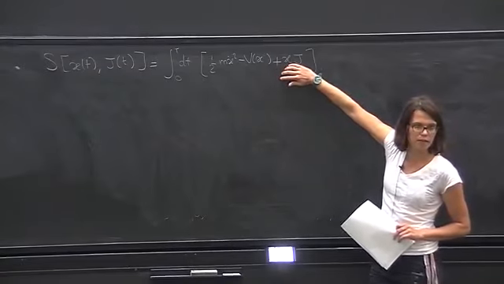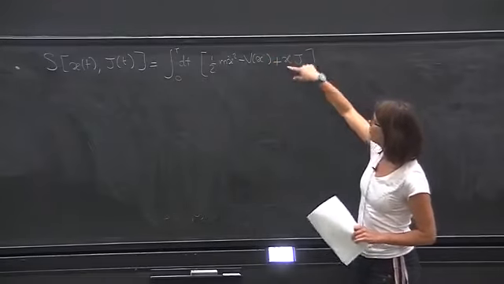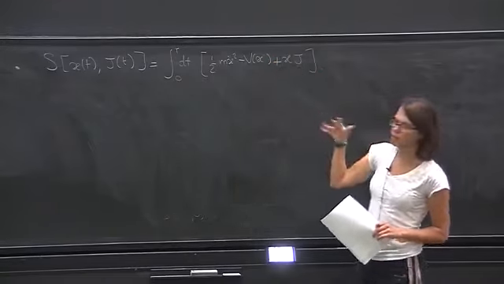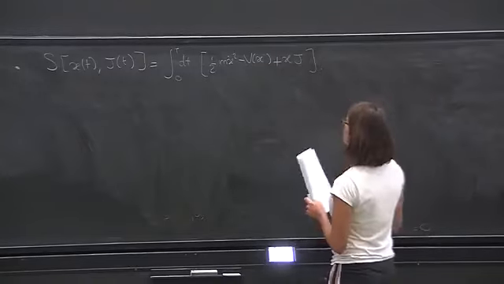Because you have seen that if this action is a harmonic oscillator, then adding this term means that this action can still be seen as quadratic, and I know how to compute it explicitly, okay?